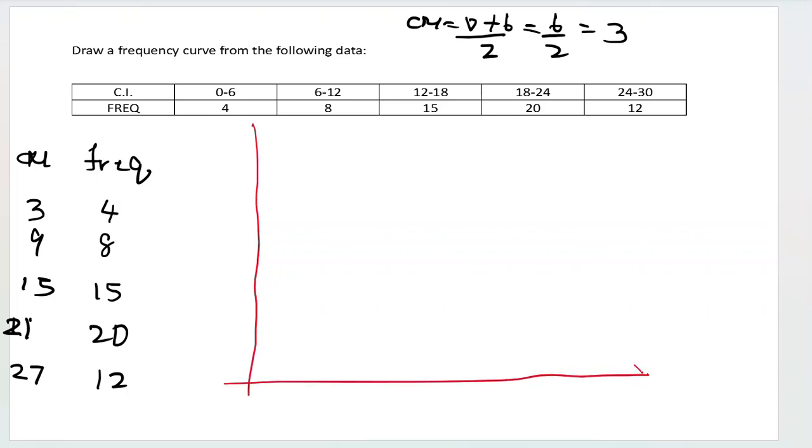Now we draw the diagram and we put the following values. On the x-axis we put class mark. So we'll plot using the 3 times table: 3, 6, 9, 12, 15, 18, 21, 24, 27. On the y-axis we plot frequency 5.